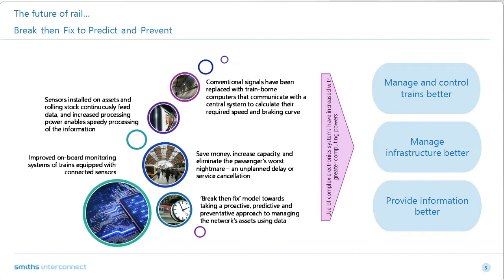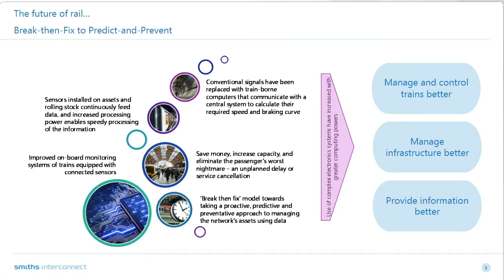If you look at the extreme bottom, they typically want to move away from the break and then fix model towards taking a more proactive and preventative, or predictive and preventative, approach to managing their network assets. If you look on the left, they say they want to improve their onboard monitoring system of the trains equipped with connected sensors.